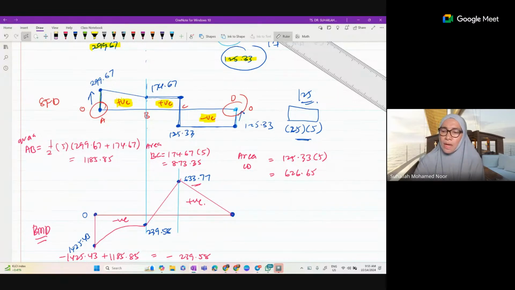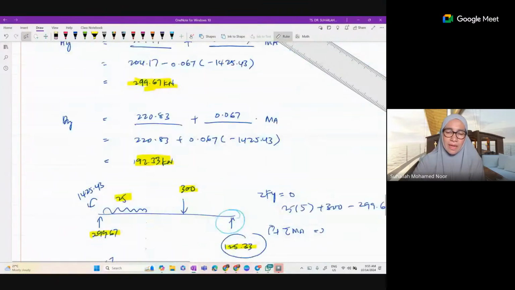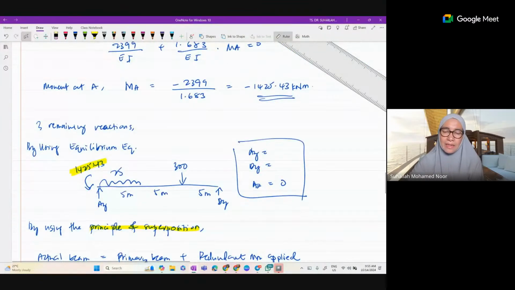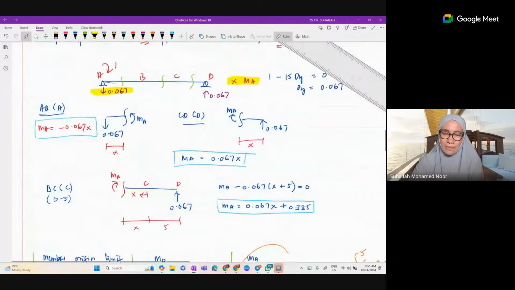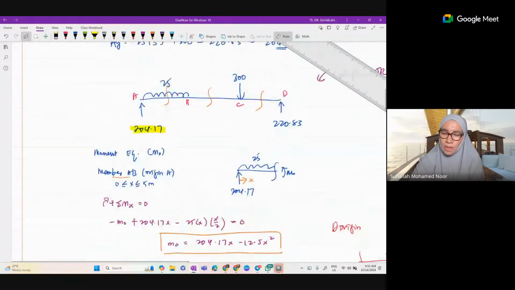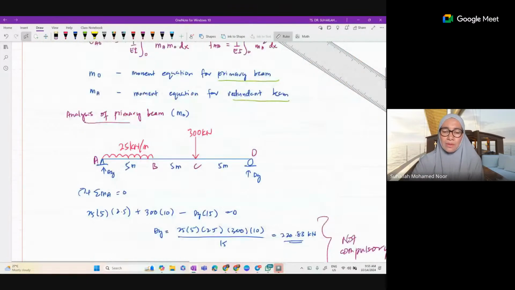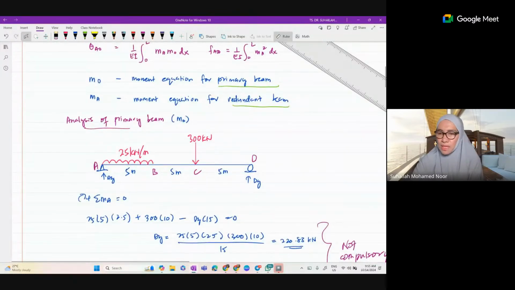So the whole of the flexibility method for one redundant is like this. After this you can do other examples. You can try by changing the loading values and the shapes of loading, so that you can try a variety of questions.